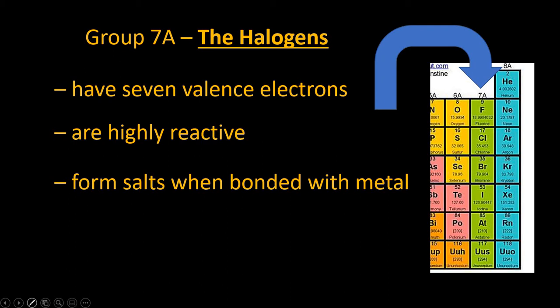The name halogen just means basically a salt former, so that you have a salt formed when the halogen gas bonds with a metal. You're familiar with chlorine and sodium, making sodium chloride or table salt. There are lots of different types of salts, but that is one of the types. Okay?